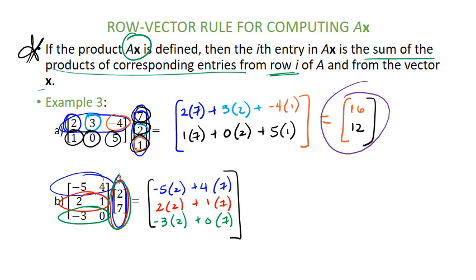Now looking at this, hopefully you notice some patterns. All of these are multiplied by the first entry. All of these are multiplied by the second entry. Same thing here. But when you multiply this all out, you will end up with the same thing from example 1. So this is just showing that there are a couple different methods to solving these.